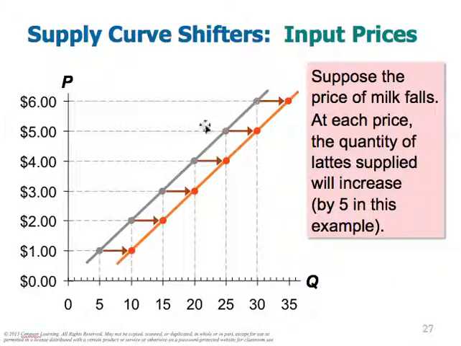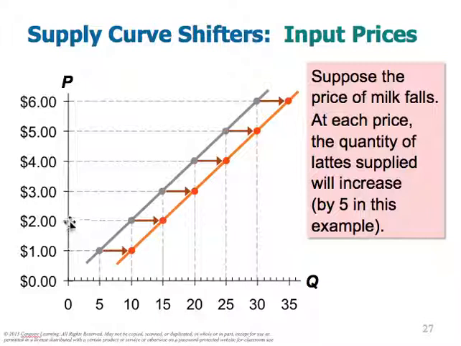This gray upward sloping curve gives you the initial supply curve of lattes. Previously, if the price was $1, then the market was willing to sell 5 lattes. But now, because the price of milk has fallen, it's cheaper to produce lattes, and that's why producers are willing to sell 10 lattes at the same price of $1.